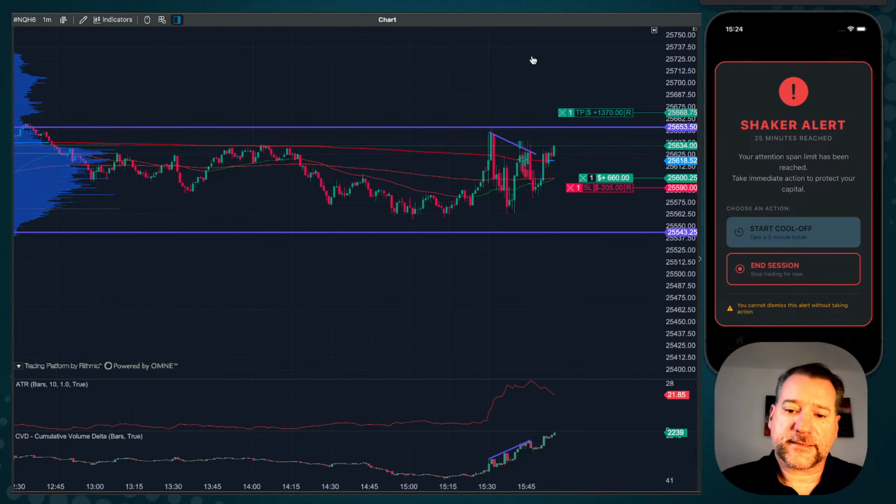But let's see. I added to the winner because it's going my way, but I have to be careful because it can reverse now. I can get stopped out. But that was an example, okay? So how was I to take into consideration after the shaker took place?